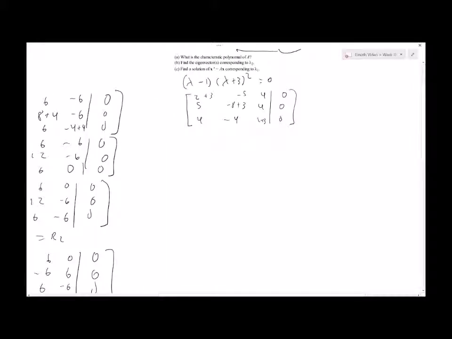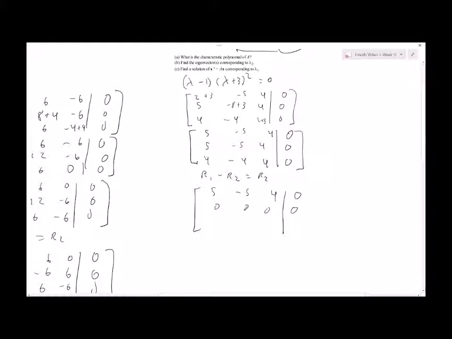From here we end up getting 5, negative 5, 4, 0; 5, negative 5, 4, 0. So those rows are the same. Now we get 4, negative 4, 4, 0. From here we do row 1 minus row 2 equals row 2, and we're left with 5, negative 5, 4, 0; 0, 0, 0, 0; 4, negative 4, 4, 0.